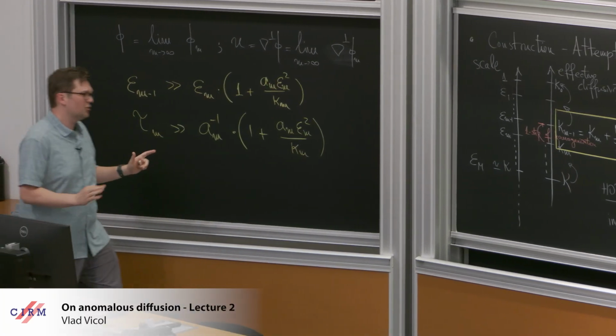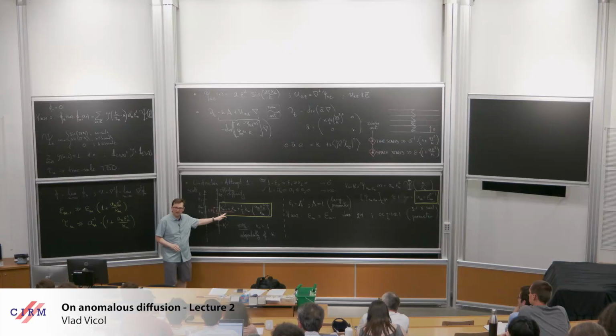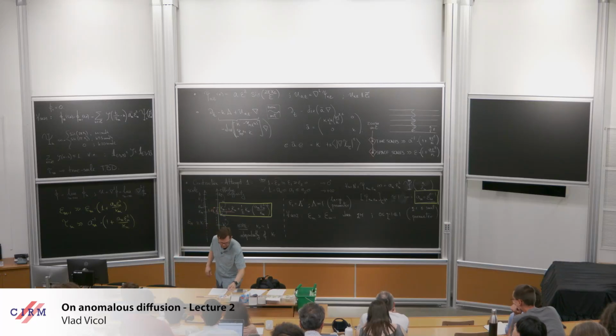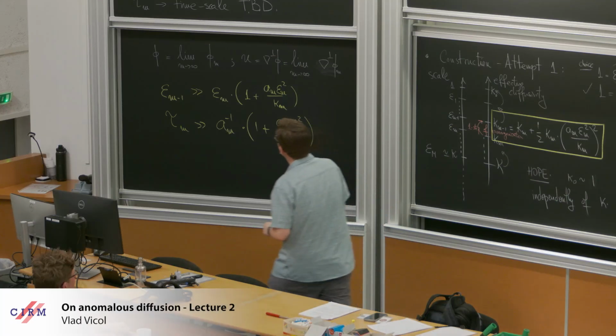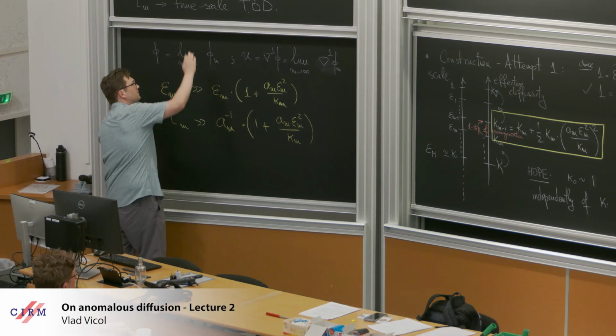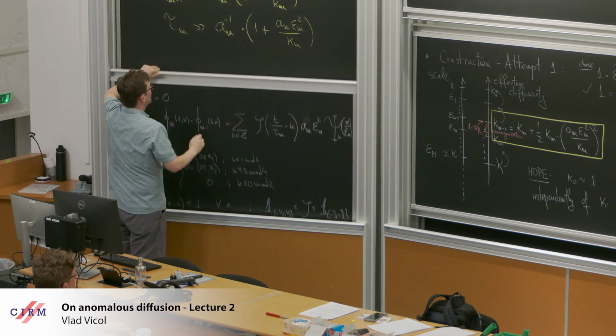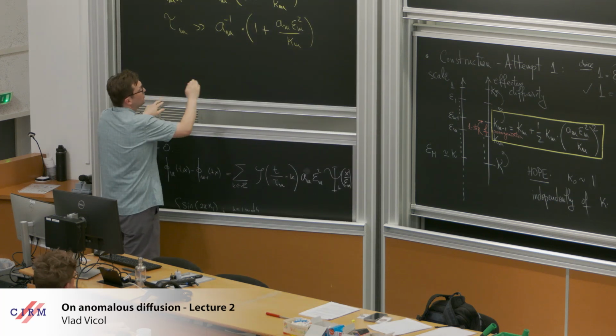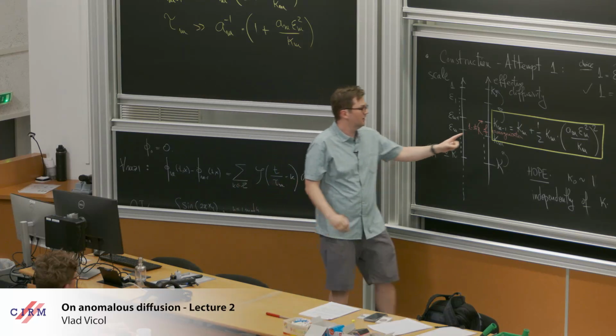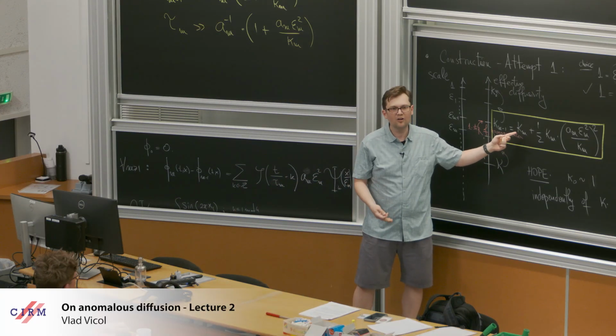Okay, so first of all, you should say, wait, can't you just solve this recursion? And the answer is yes, of course you can. And what you will get, and this will matter at some point a bit later, if you just solve this recursion, you're basically saying what power law is kappa.